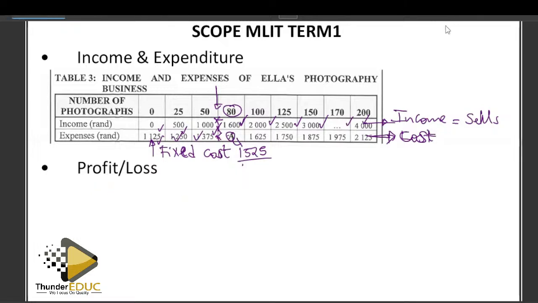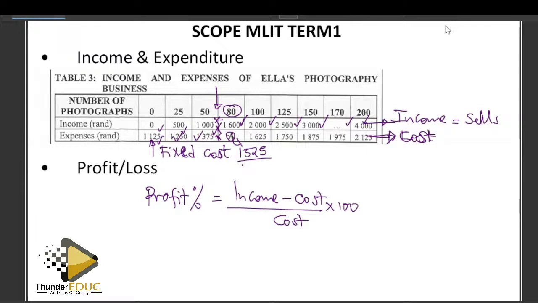So profit as a percentage will be income minus the cost, divided by the cost, times 100.